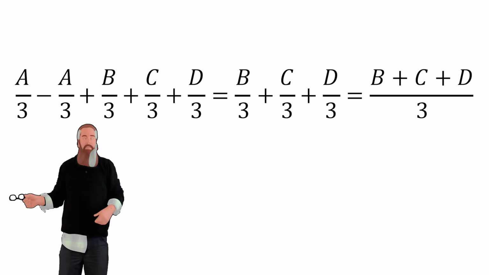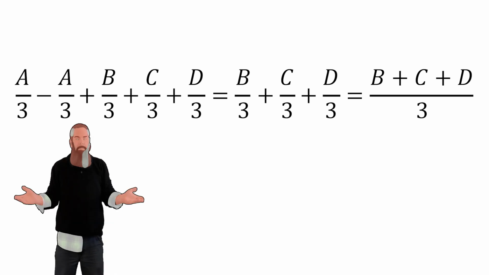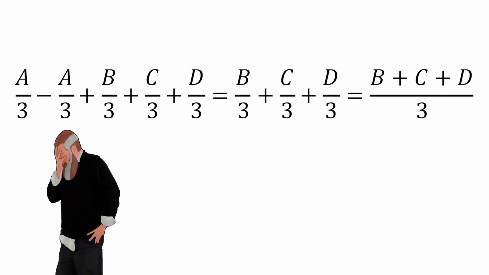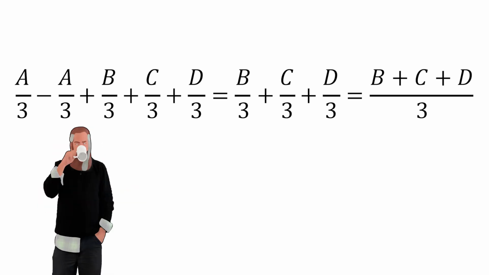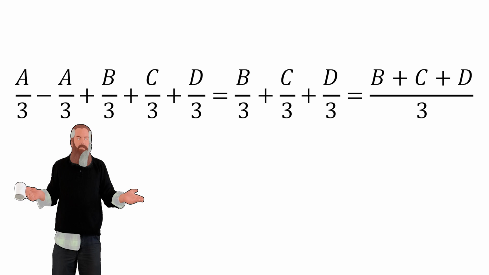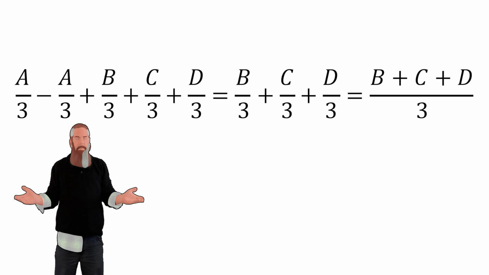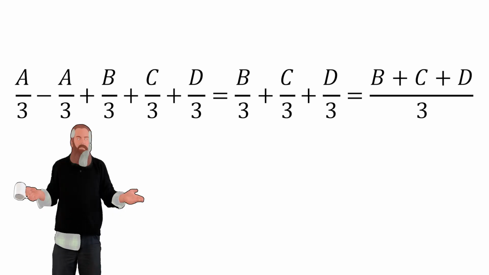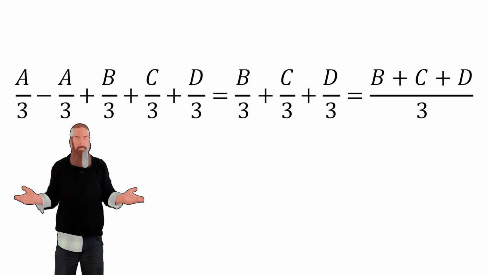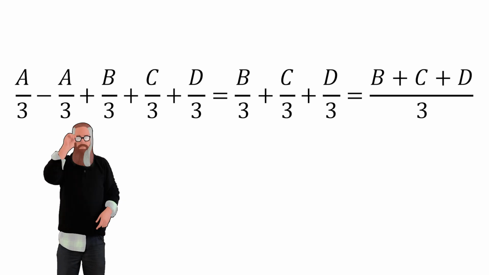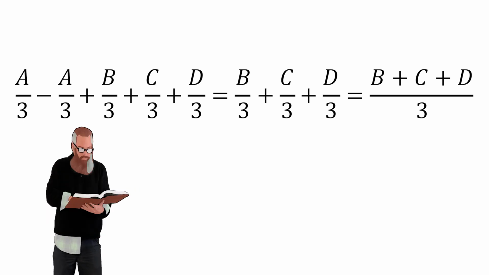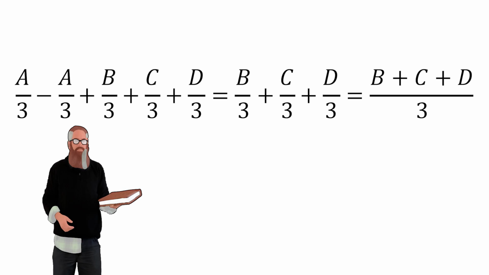Rearranging the terms and simplifying, this process is the same as finding the average for days 2 through 4. We get A over 3 minus A over 3, canceling them out, plus B over 3 plus C over 3 plus D over 3, and all of that is equal to B over 3 plus C over 3 plus D over 3, which is equal to the sum of B, C, and D divided by 3.